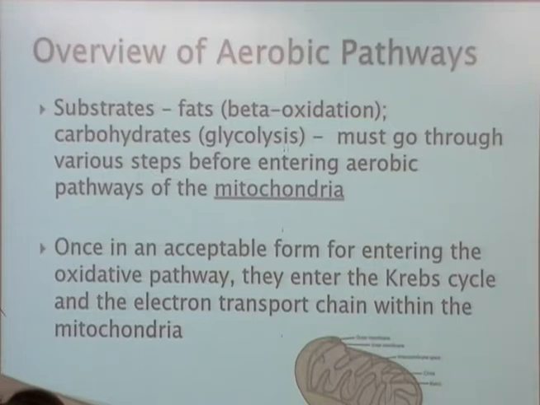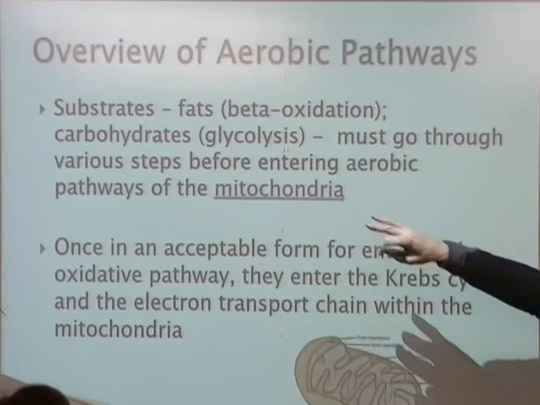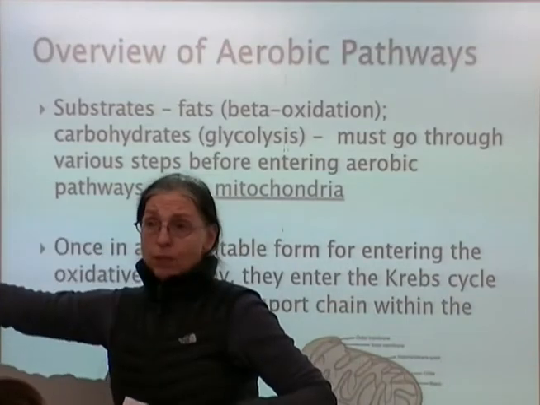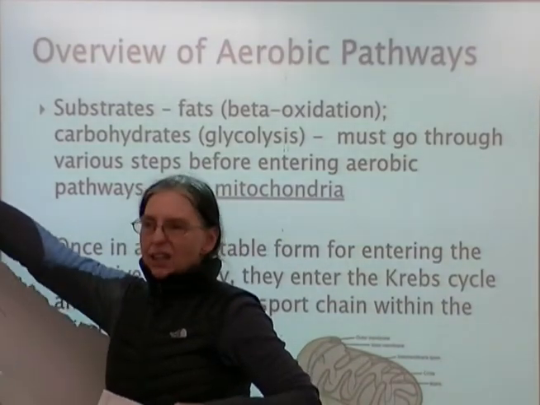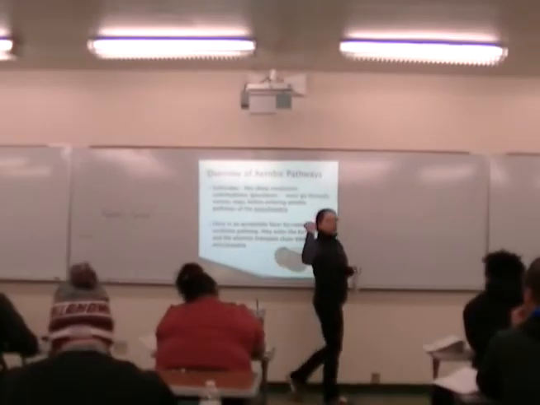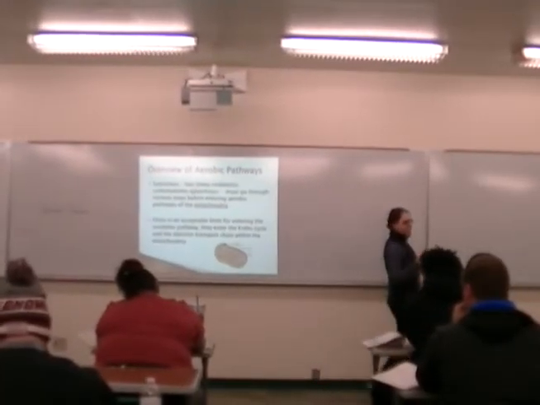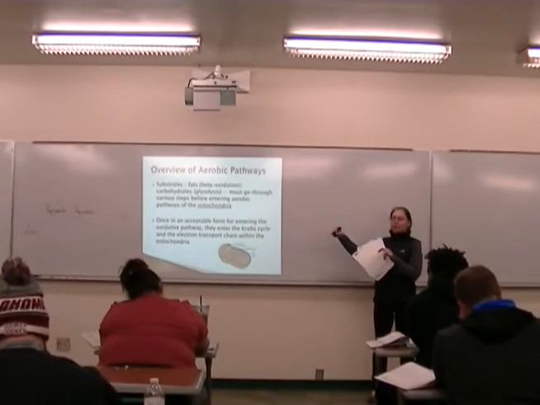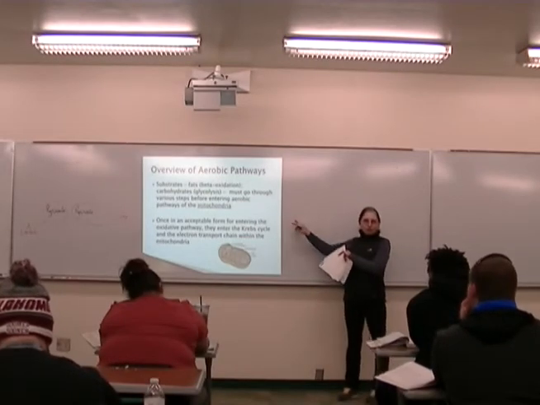And I generally don't cover beta oxidation with an undergrad class because beta oxidation doesn't directly produce ATP. Unlike carbohydrate breakdown, where we actually get a little bit of ATP directly from breaking down the carbohydrate. When we break down fat, we don't get any ATP until the products have already got over into their system 3.